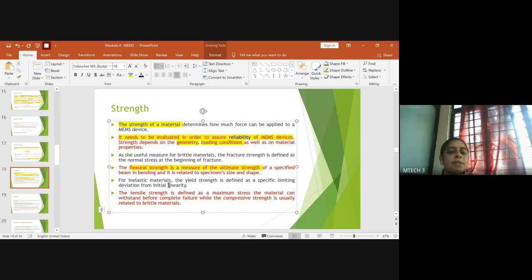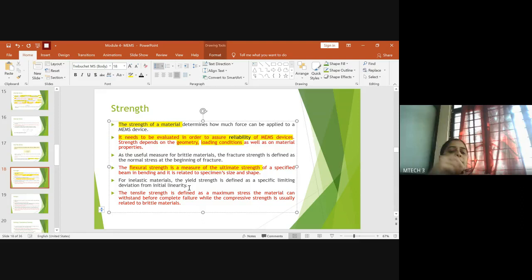If you have any material which is inelastic, meaning a plastic material, this will involve yield strength. The yield strength is defined as a specific limiting deviation from the initial linearity. What do you mean by it? When the load is subjected, the material gets deformed, but it cannot come back to its original position.